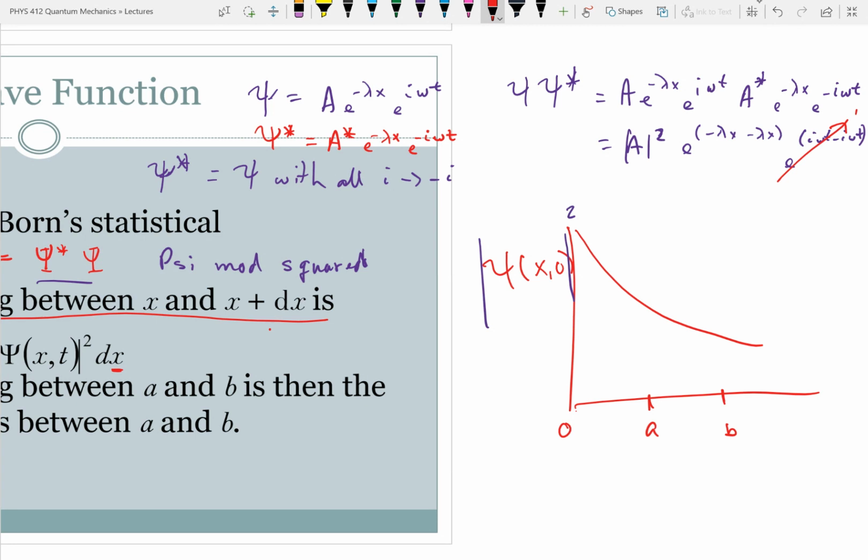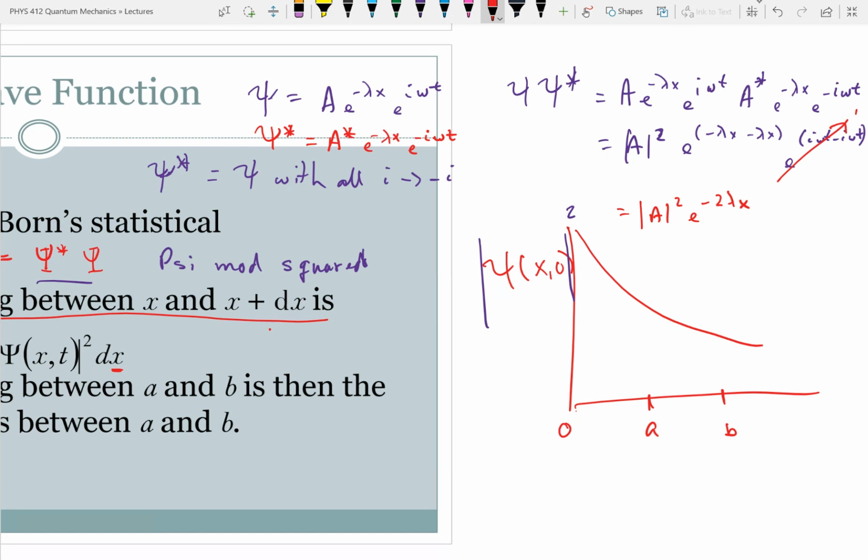This one here, minus lambda x, is really quite simple. So that's my probability density. I take that probability density dx, that's really smooth, and integrate from A to B.